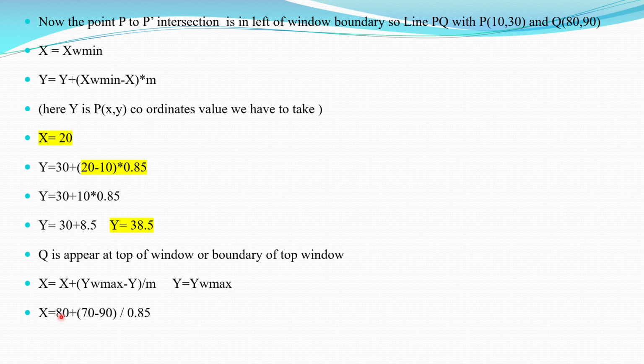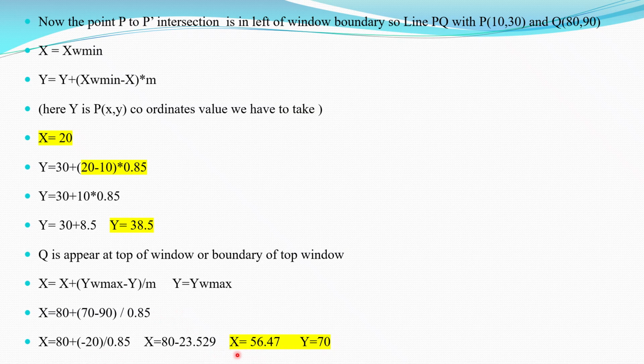X equals X plus, means this is X of Q value 80, plus YW max, that is the maximum of Y, 70, minus Y, here Q's Y coordinate value is 90. So mention this one and divide by the slope value because it is a top one. So we have to divide by the slope.